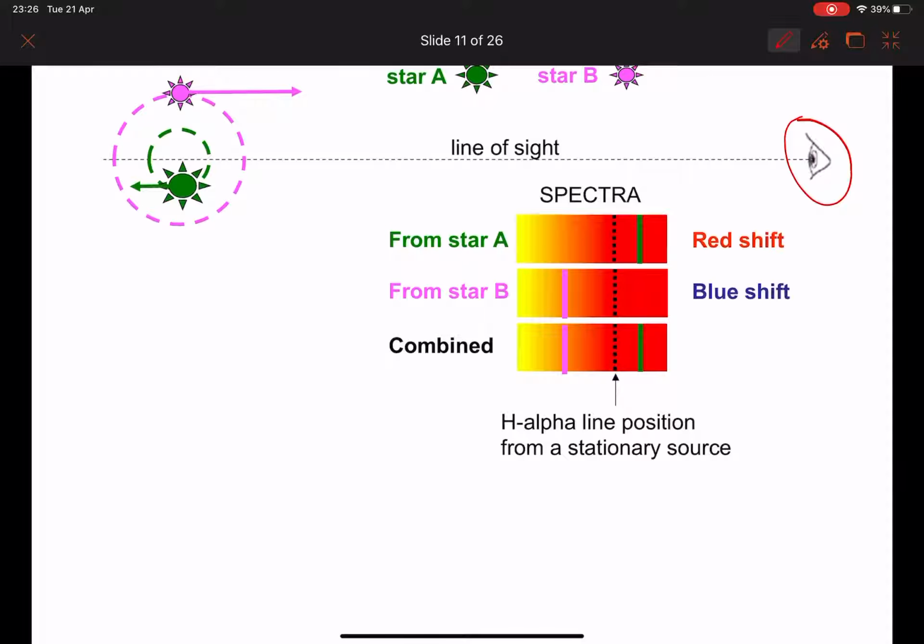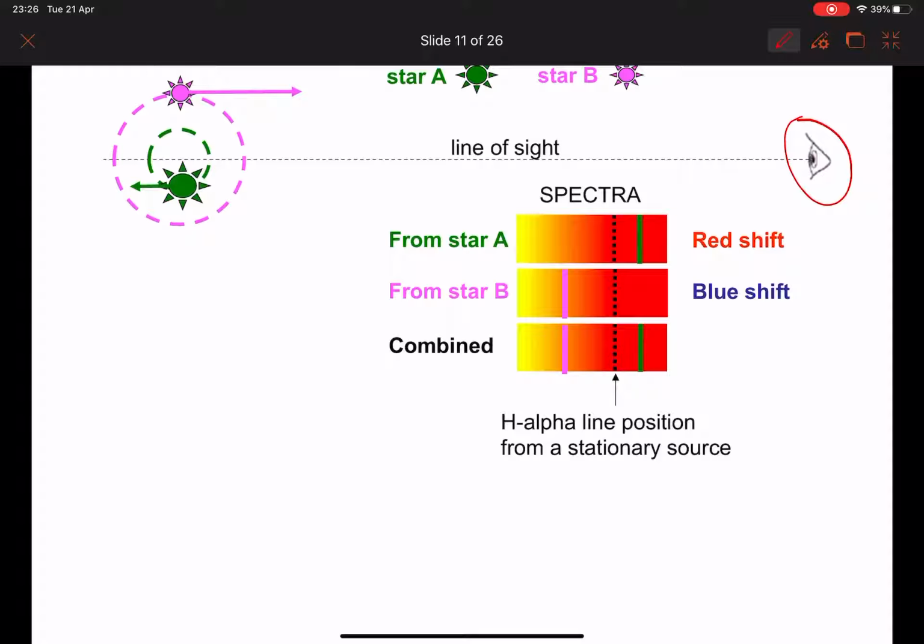So let's just bring all this up actually because it will be easier. So at this starting point, the lines that we've drawn on here, the green lines and the pink lines, they represent the H alpha line. They're only green and pink because we've done star A and B in green and pink. They are the same element, hydrogen.